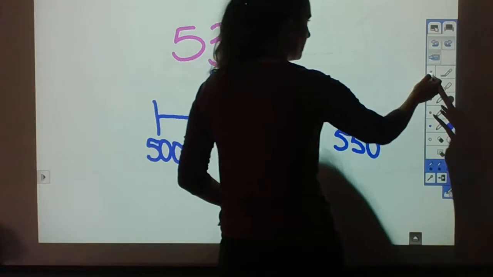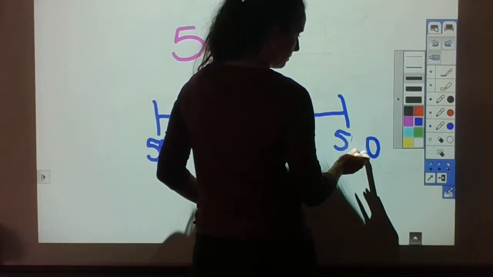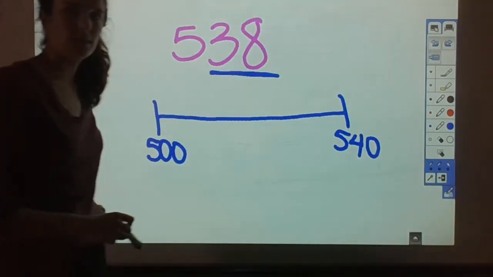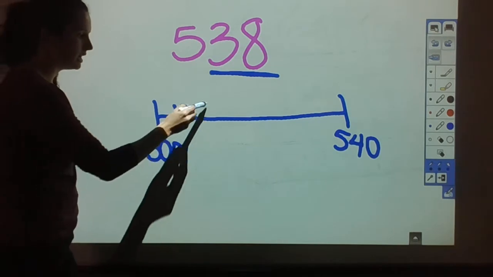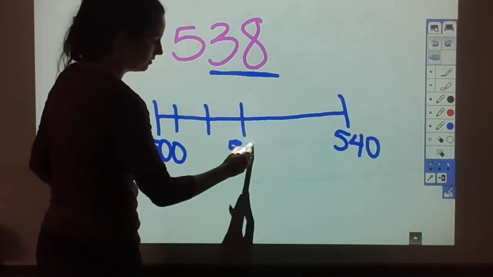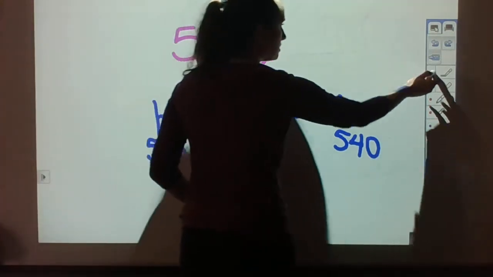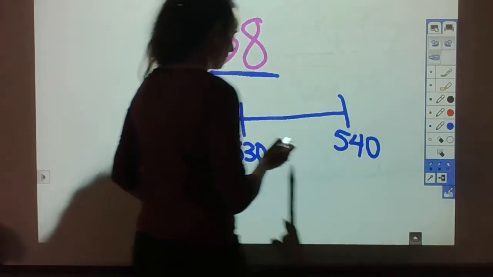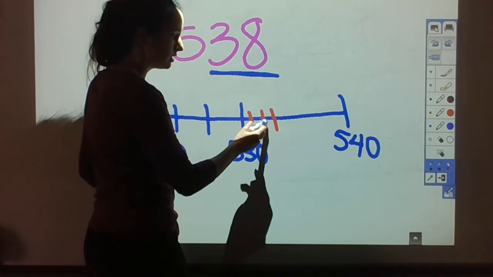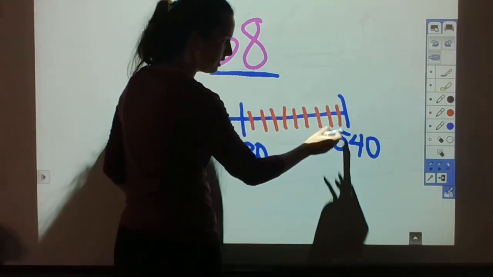I'm actually going to end at 540 over here to really split it up. Okay, 540. So I have 510, 520, here's 530. Then I'm just going to draw ones from 530 to 540: 531, 32, 33, 34, 35, 36, 37, there's 38 and 39.